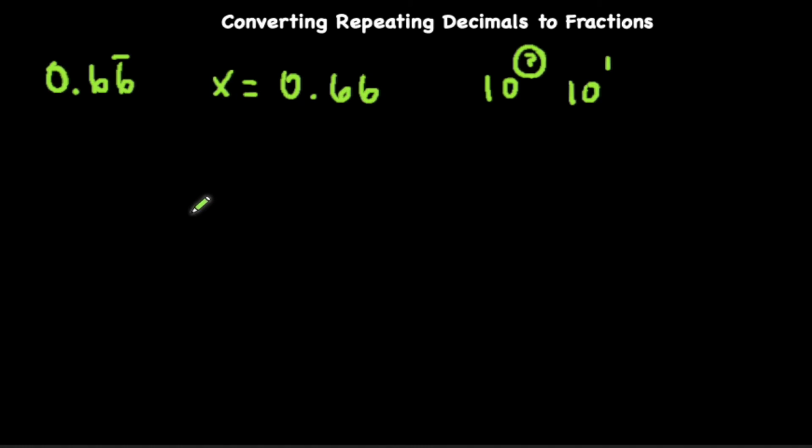So we multiply the equation by 10, and it looks like this: 10 times x equals 10 times 0.66 repeating.